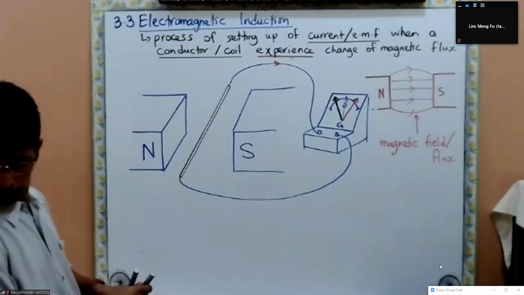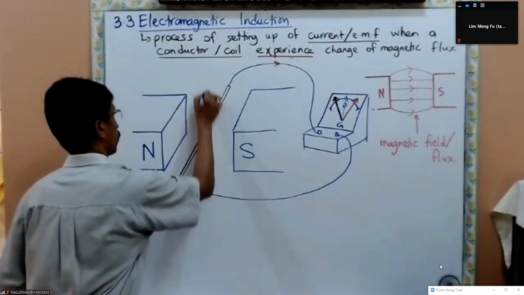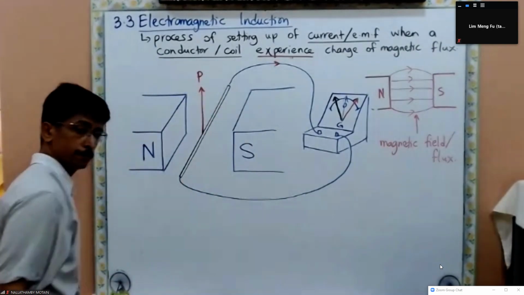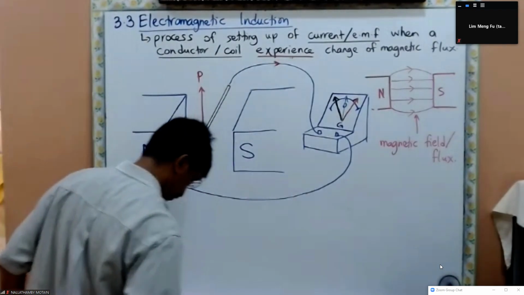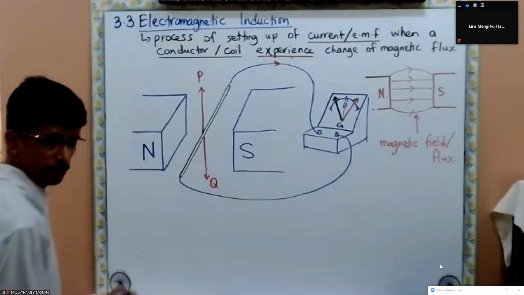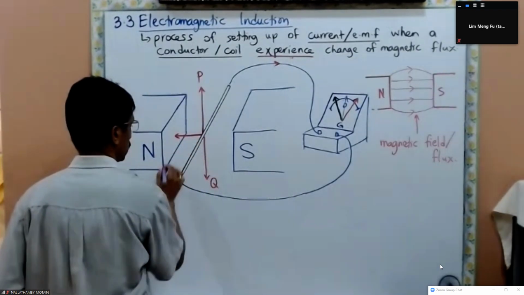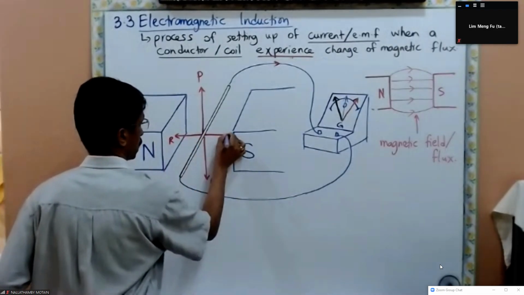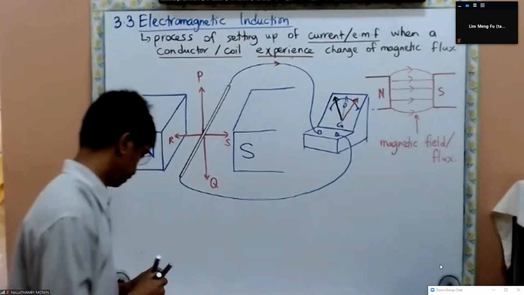Now we are going to move this copper rod, first in direction P, then in direction Q, and then in direction R, S.